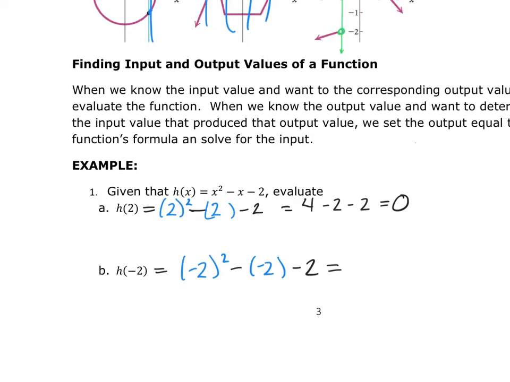But when I see the negative here, I always put this in parentheses because I have to remind myself this very first term right here is negative 2 squared, so that becomes a positive 4. And then minus a negative number becomes a positive 2, and then minus 2. And so my answer here is 4. So pay attention to your negatives because it can really mess you up.